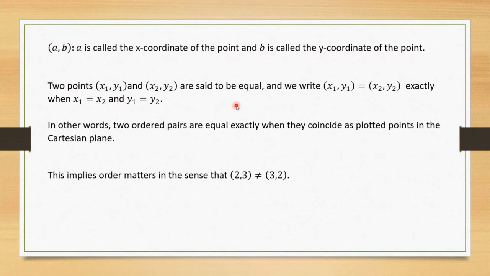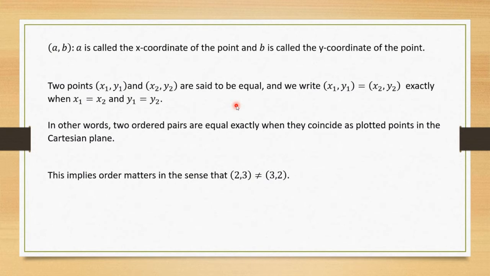Another way of saying that visually is that two points are equal exactly when they coincide when you plot them in the Cartesian plane. In other words, they're on top of each other. That's another way of saying it.